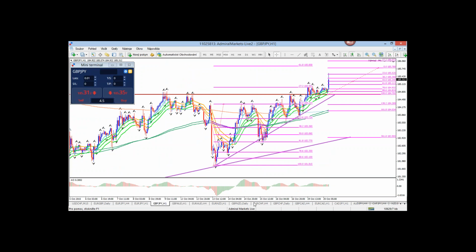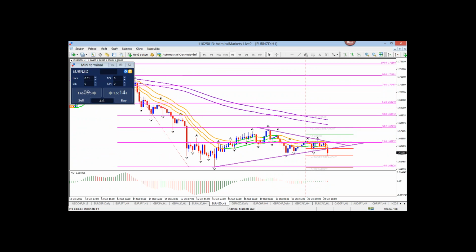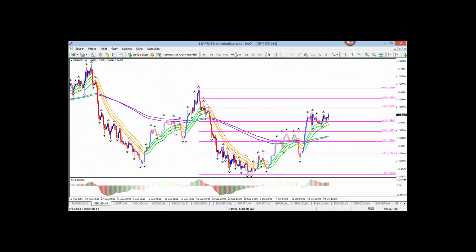So two candles I'm keeping an eye on. Pound yen for small upside. Euro New Zealand for downside. Pound USD, let's see, for downside if it gets a bit higher.